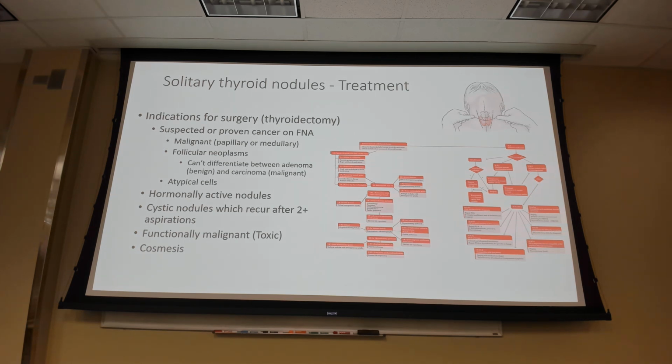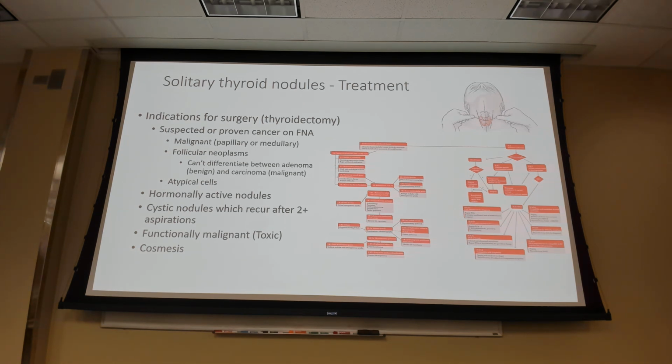All right, so what do we do for these solitary nodules? We don't remove all of them. Obviously, we want to decide whether we suspect it's malignant versus benign. Then we have to look at any compressive symptoms or other symptoms they may have from that nodule.